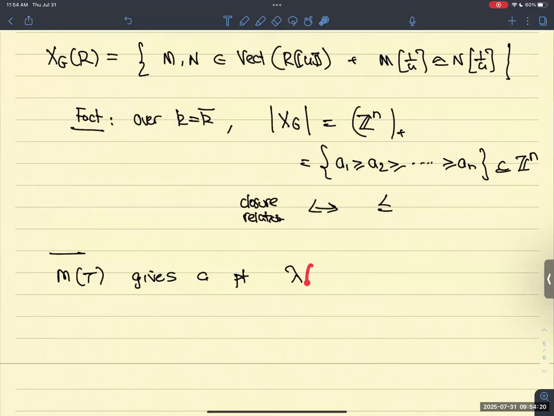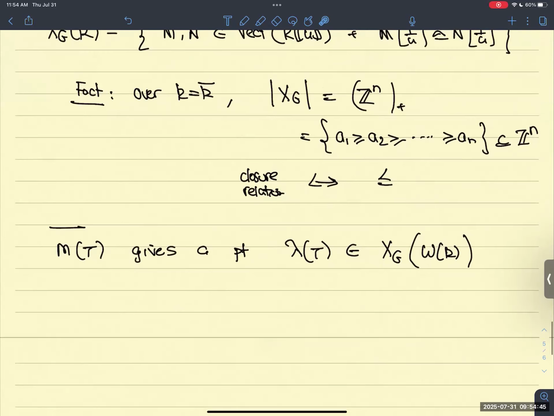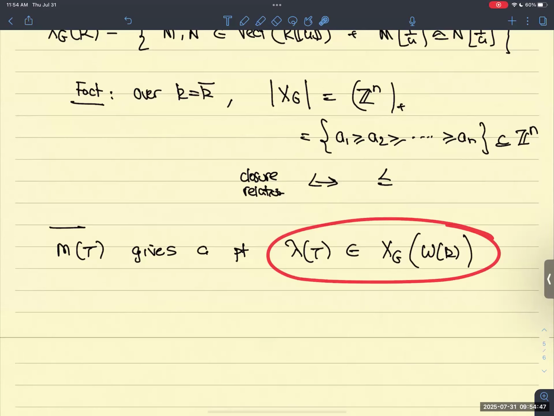And so if you like, it gives you a point lambda, which is a Z_p, or W(k) point, sorry, a W(k) point of this affine Grassmannian quotient. Because take this to be your Breuil-Kisin module, and then take this to be its Frobenius pullback, and then take this to be the isomorphism you have between them. You have to do a change of variables, u to u minus p, but you get a data like this.